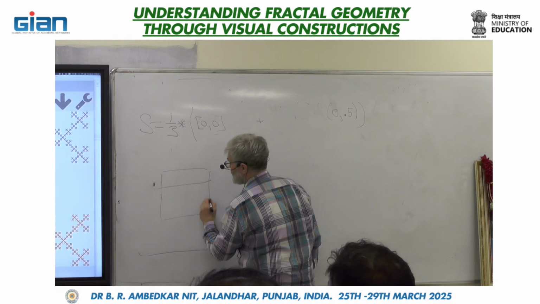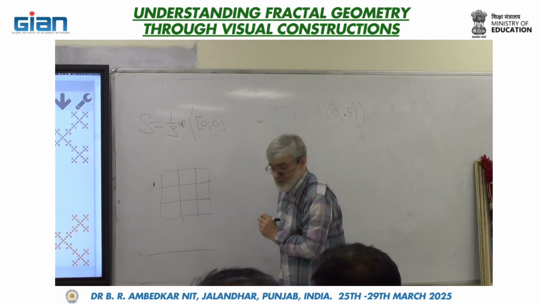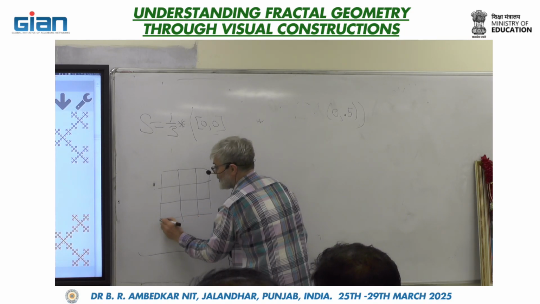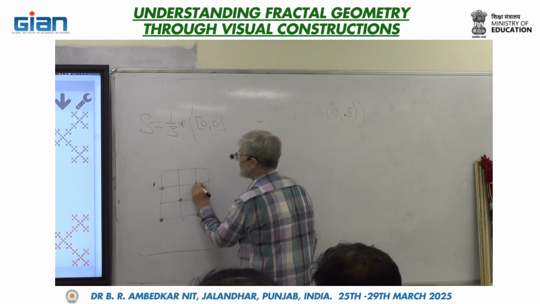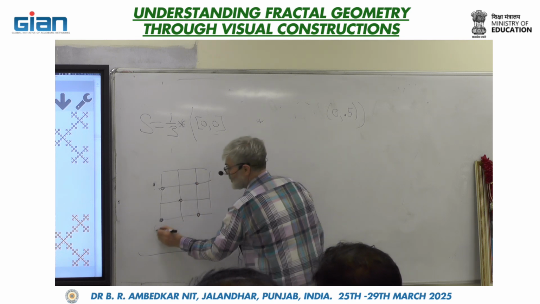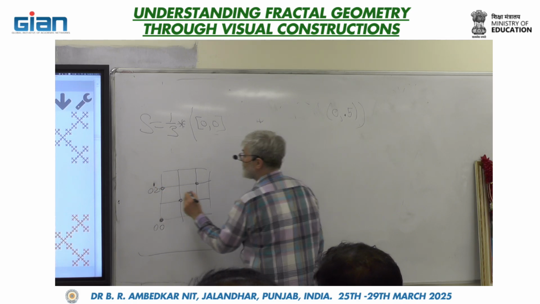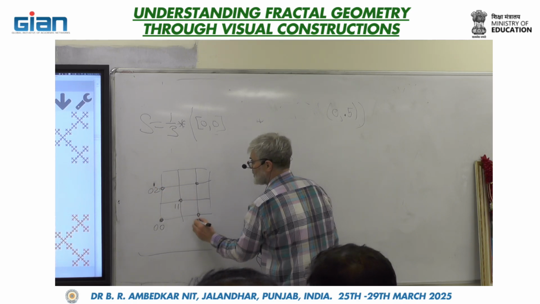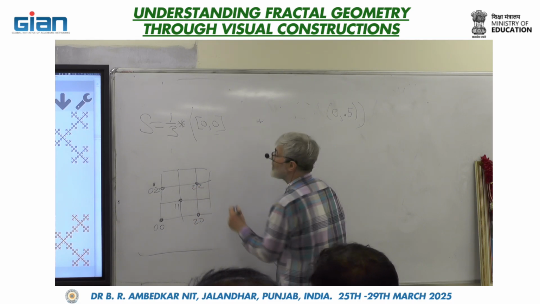If we take a square 3 by 3, then these vertices will have the coordinates 0, 0, 0, 2, 1, 1, 2, 0, and 2, 2.